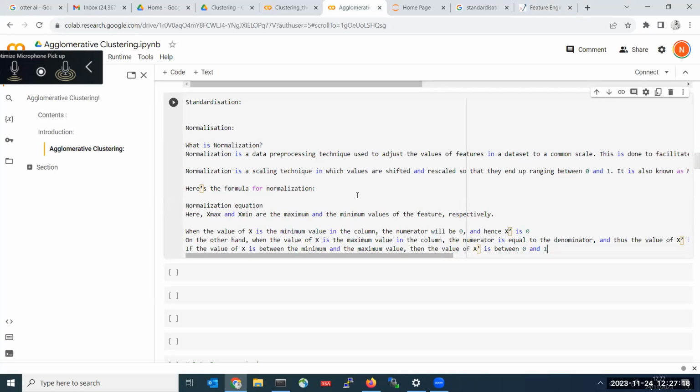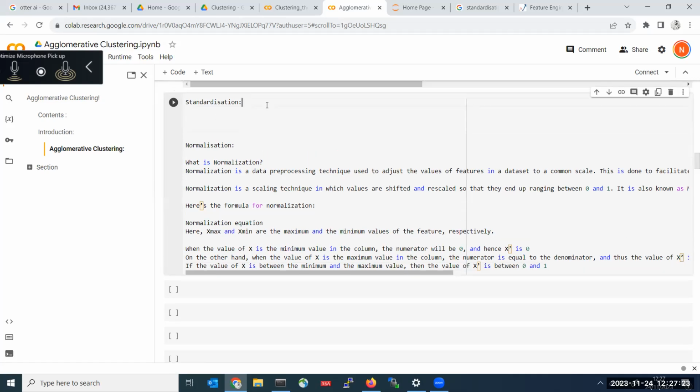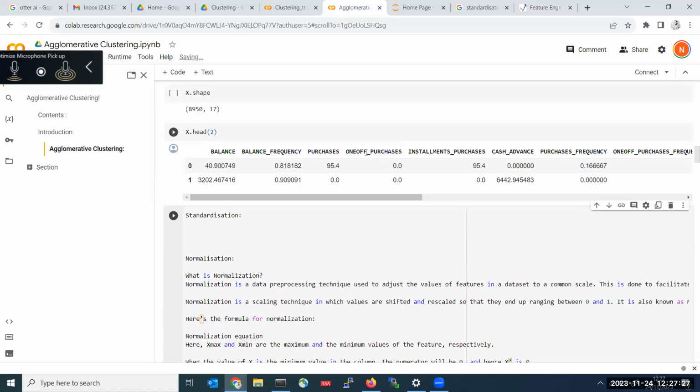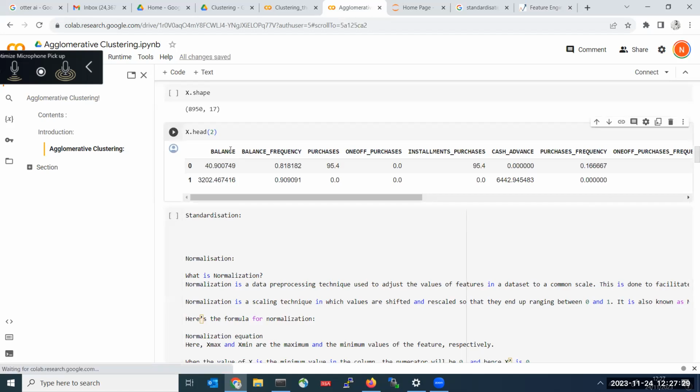See, what is the use of this normalization and standardization? First of all, we should understand. If you see the values here, in the balance, the values are within the range of 40, 3000, 5000, 6000 like this.